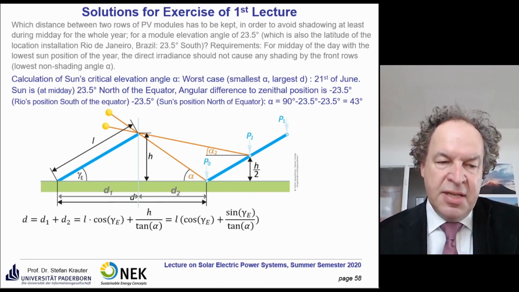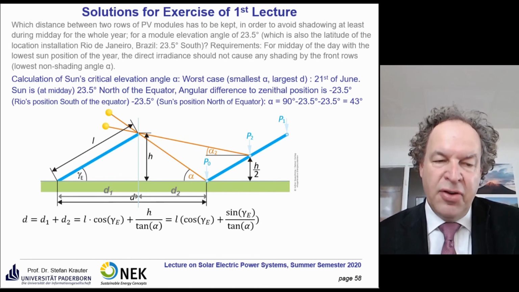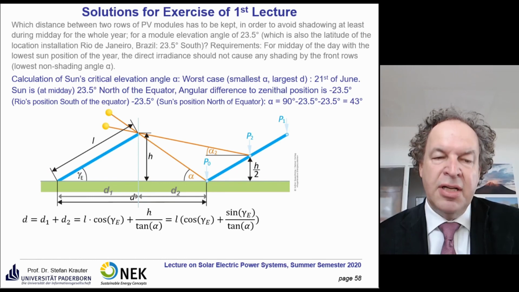So we have the distance, d1 plus d2 is L. This is our length of the module or width of the module. This we have to decide later, whether we mount it vertically or horizontally. Then the elevation angle of the module or the receiver, which is 23.5 degrees.